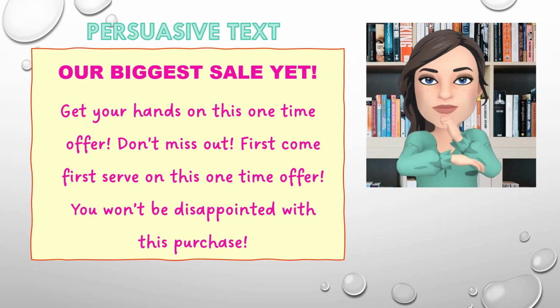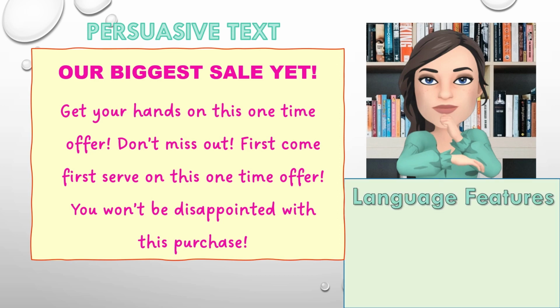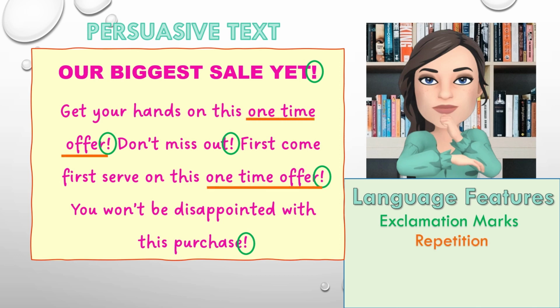So let's look at the language techniques used, or the language features. First of all, the writer has used exclamation marks, and there's quite a few of them throughout. What this does is it adds emphasis and a sense of urgency. The writers also use repetition in order to reinforce the idea that this offer will not come around again.